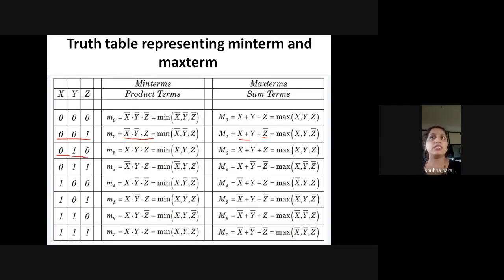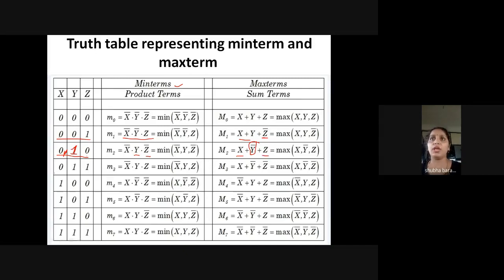Similarly, 0, 1, 0 in min terms is written as x bar, 1 as y in the uncomplemented form and 0 as z bar in the complemented form. This is for SOP or min term. For max term, this 1 is written in the complemented form, so it is y bar, and 0 is x and z.